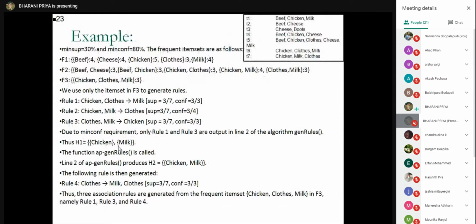The next step, ap-genrules is called, and we are producing H2. So we are combining all one item sets into two item sets, item sets containing two items. From this H2, you need to generate the other rule. So we have only two items here.